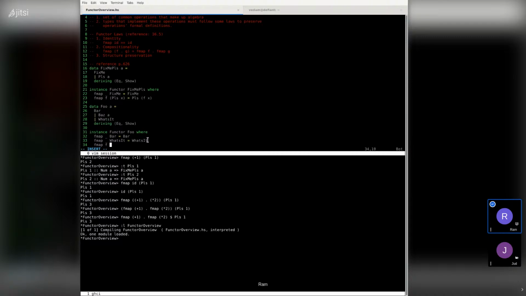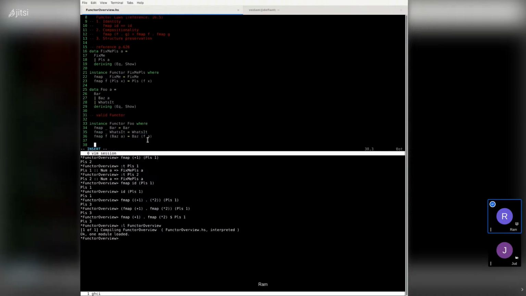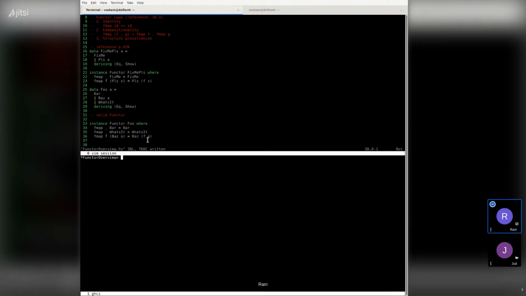And if we provide, obviously, Baz with A, this is a perfectly functioning, valid functor, that preserves everything that we saw earlier. We load this, all this is kind of working, and then we could just go ahead now and call fmap on id on Baz of 1, and we'll see that we'll get Baz of 1.